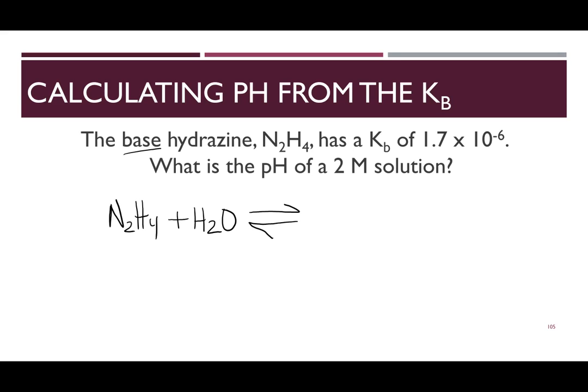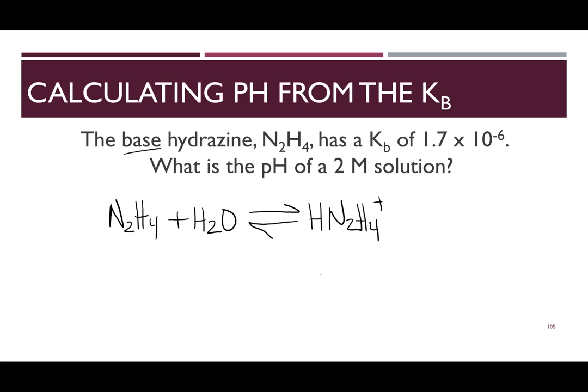And the base, so remember, bases are proton acceptors. So we've got 2 nitrogens, 4 hydrogens. It's going to take on another hydrogen. It doesn't really matter how you write this, because it really doesn't have a lot to do with the problem.